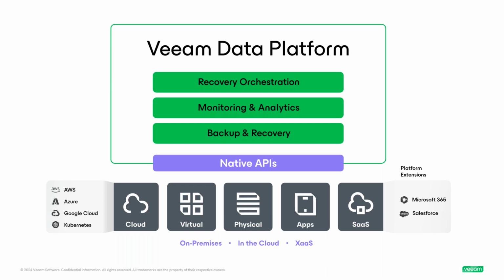At the bottom, you'll see a list of the infrastructure that we provide data protection for, right? On the left, you'll see all the hyperscalers, which include AWS, Azure, Google Cloud, as well as Kubernetes running on-prem or on the cloud, which is provided by our Kasten product.